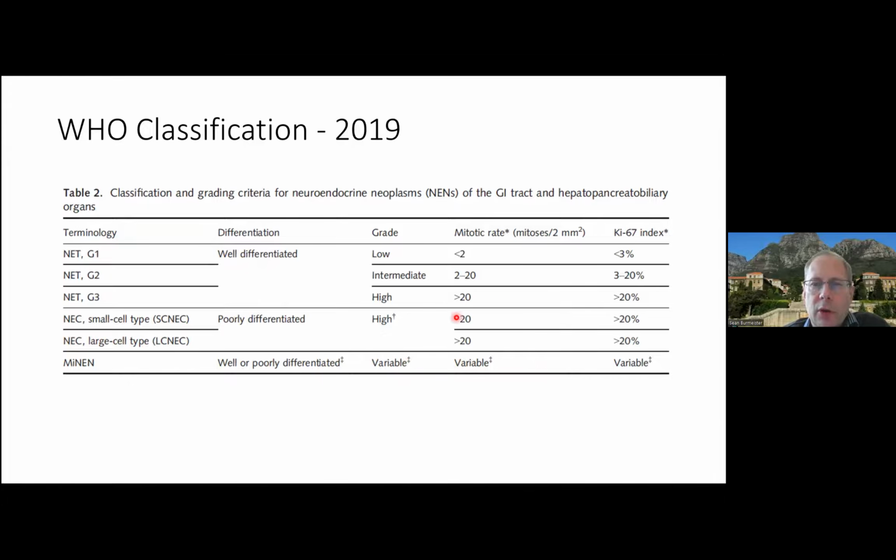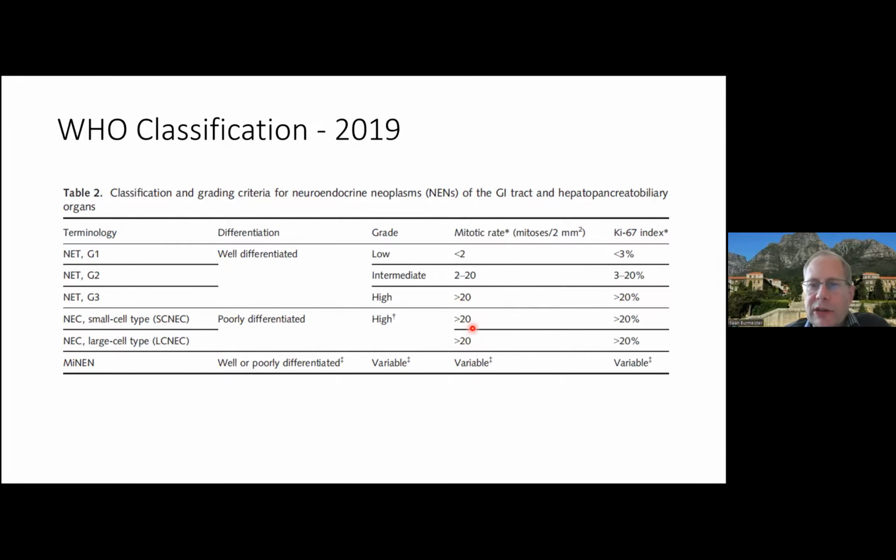The tumors will tend to have lower mitotic rates and lower Ki-67s. Grade 1s have a mitotic rate less than 2 and Ki-67 less than 3. The intermediate, the grade 2s, have mitotic rates of 2 to 20 and Ki-67 of 3 to 20. The grade 3 neuroendocrine tumors tend to have a mitotic rate greater than 20 and a Ki-67 greater than 20, but these will usually be in the 30s and 40% range.